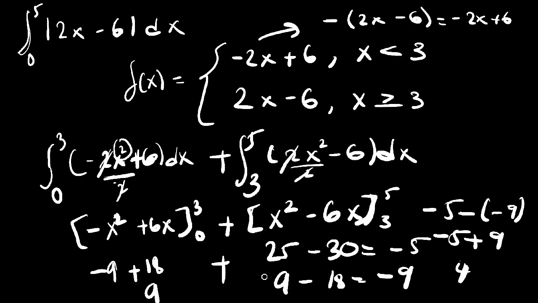We have 9 over here and 4 over here, so our answer is 13, because 9 plus 4 equals 13. And this is how you would solve an integral with an absolute value.